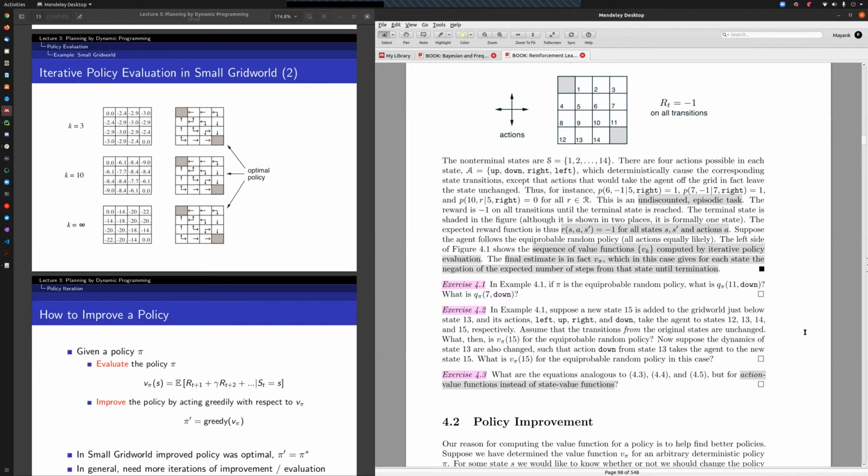Okay, and what is the last one? What is the value of the equiprobable random policy? So it would be all the actions taken.